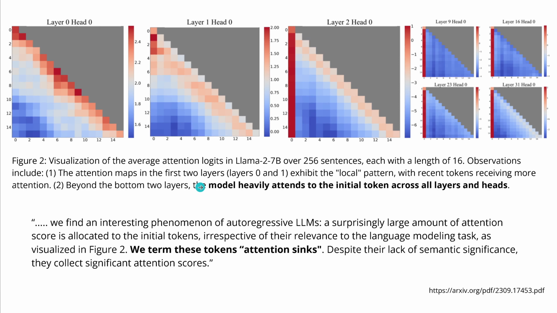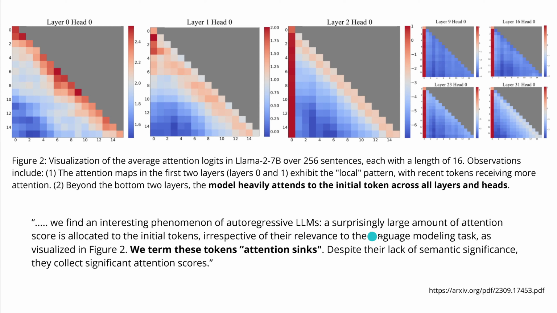So they say now the model heavily attends to the initial token of a sequence across all layers and heads. And they say, hey, we find an interesting phenomenon of autoregressive LLMs: a large amount of attention score is allocated to the initial start token. And they term this token attention sinks.